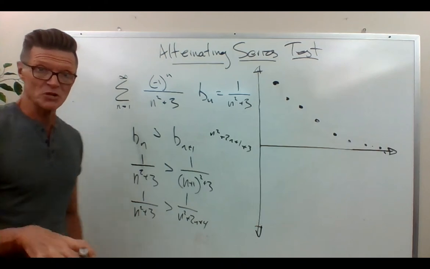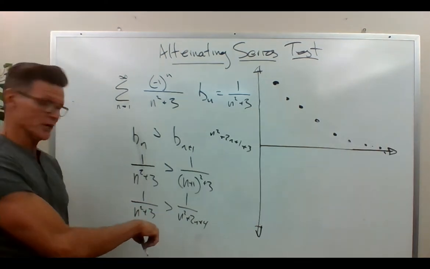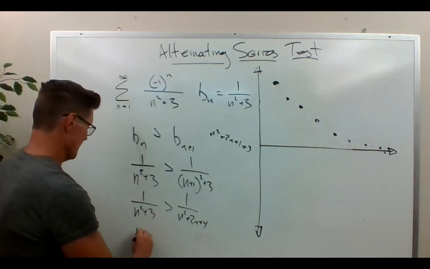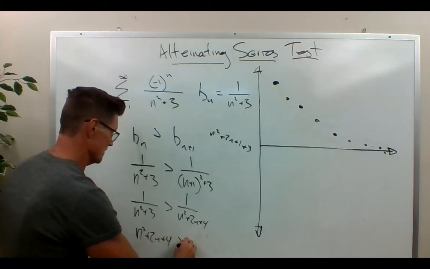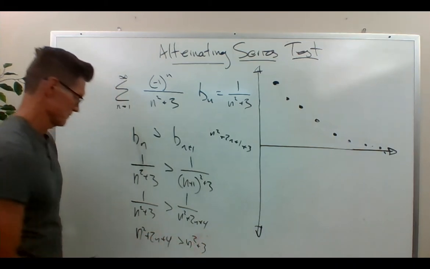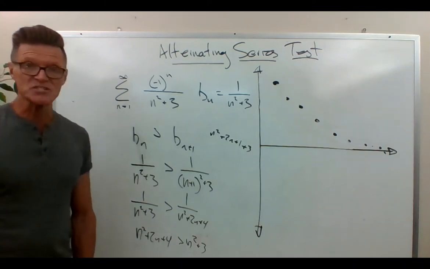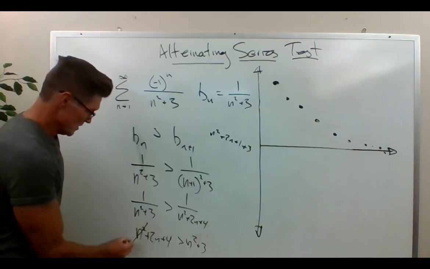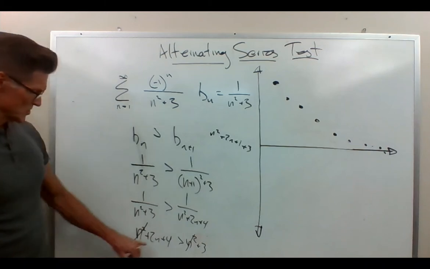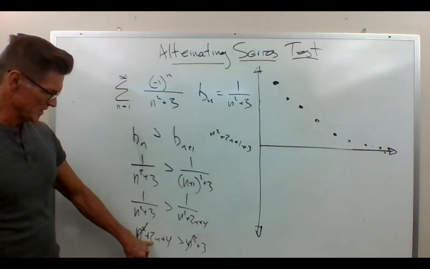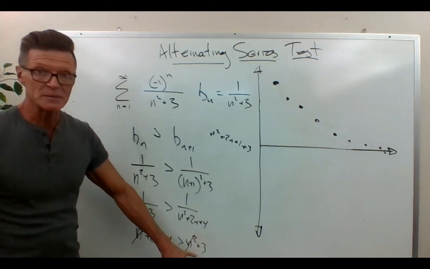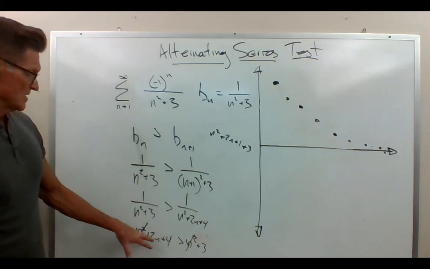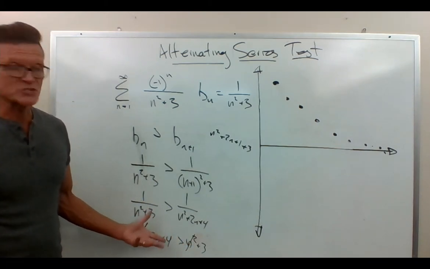When we cross multiply, we're going to have n squared plus 2n plus 4 is greater than n squared plus 3. Well, I can see that that's going to be true. The n squareds cancel out, and as n is getting infinitely large, 2n plus 4 is going to be greater than 3. Even just 4 is always greater than 3.